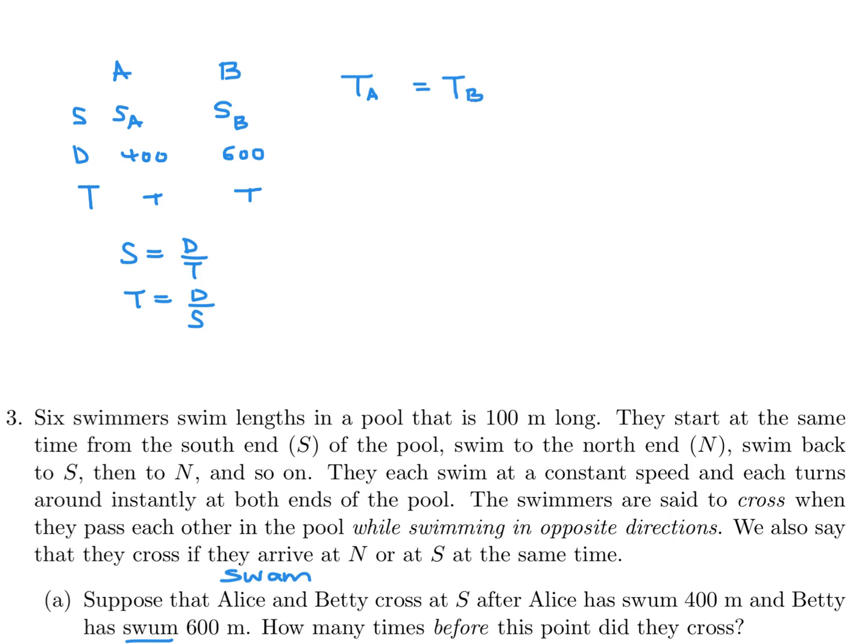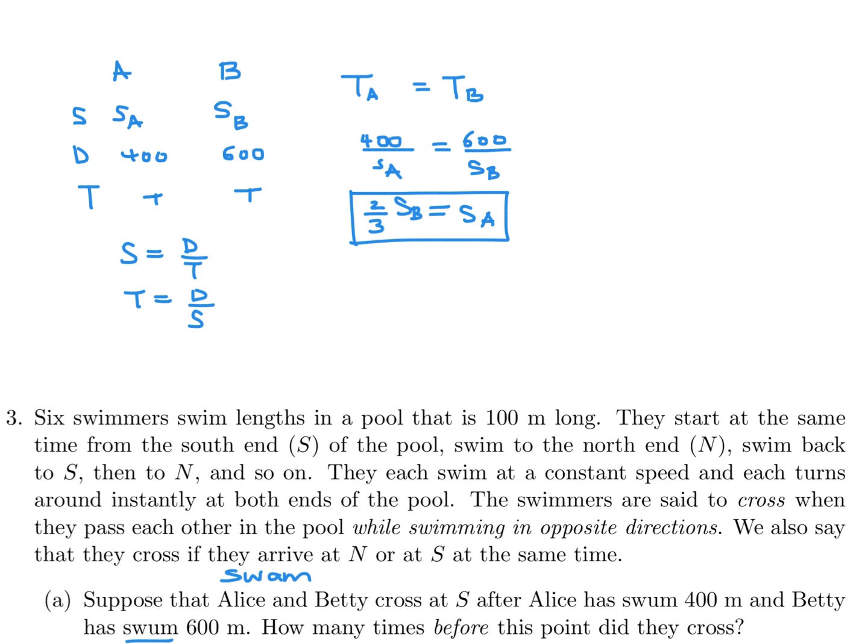So D over S for Alice would be 400 over SA, and D over S for Betty will be 600 over SB. And then when you solve for this, you will get that SA is equal to 2/3 of SB. So that's important. That fact is important.